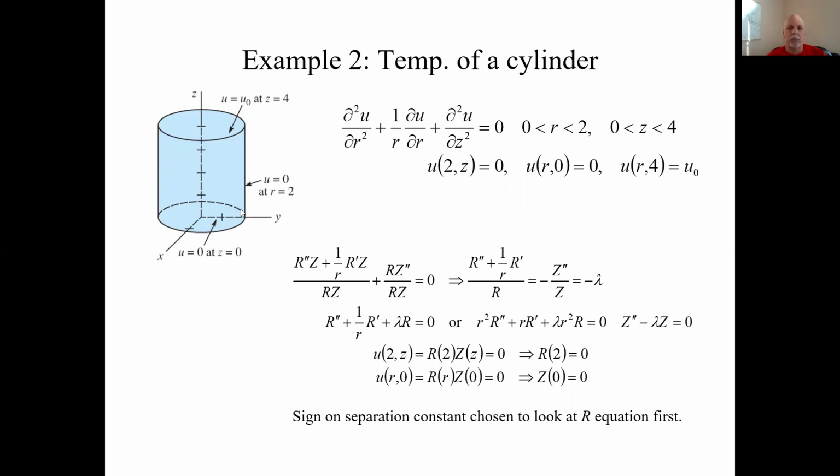So let's see what happens there. By way of review on the earlier problem, I went through why we picked minus lambda. We could have picked plus lambda, but it turned out nicer when we picked minus lambda. It was a nicer case for the R equation because we could get eigenvalues out of the R equation.